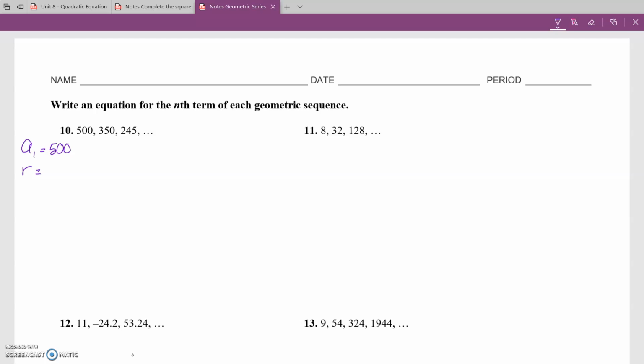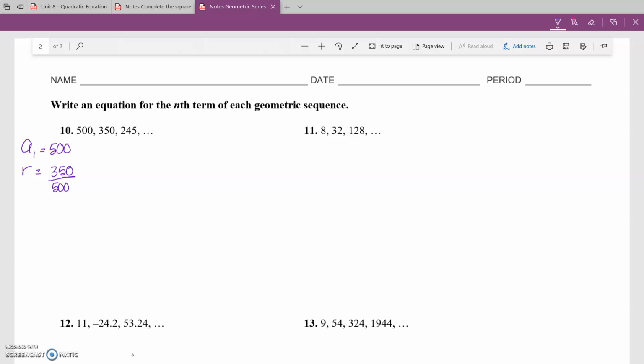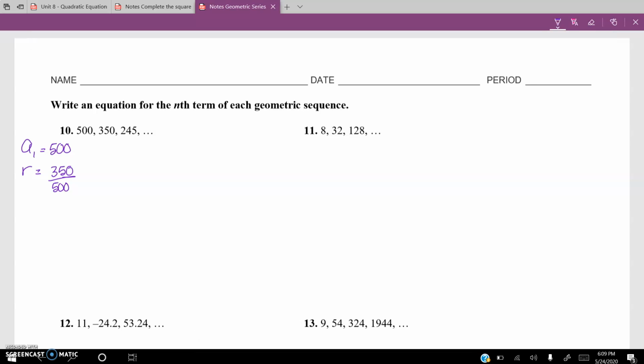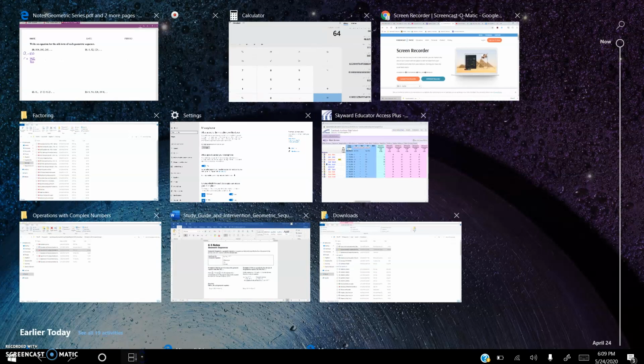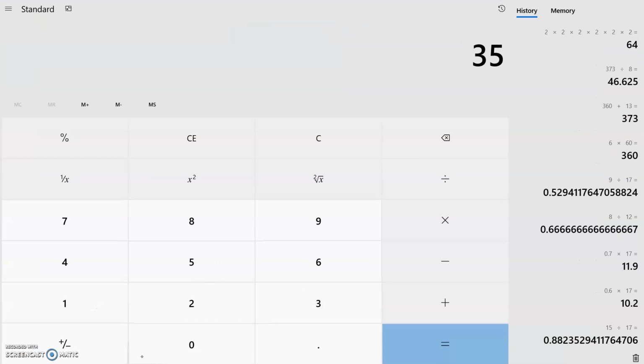So what if I take term 2 and divide it by term 1? What is 350 divided by 500? So 350 divided by 500.